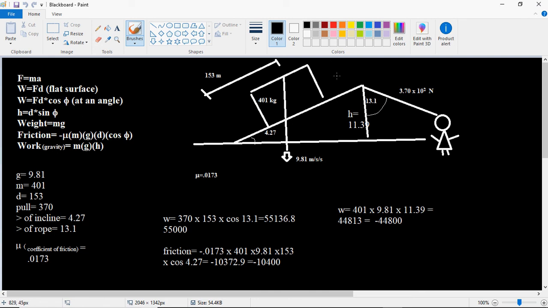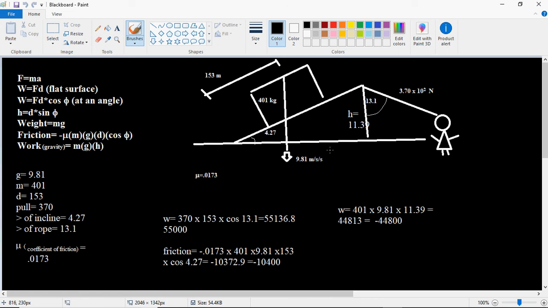So we're going this way, gravity is pulling it that way, so it's a negative force for us. That's not always the case. If we were here and we were pushing it downhill, then it would be positive because we would be working with gravity. Gravity would be pulling it this way, we would be pushing it that way as well. And that's going to be positive. But for this case, it's negative.